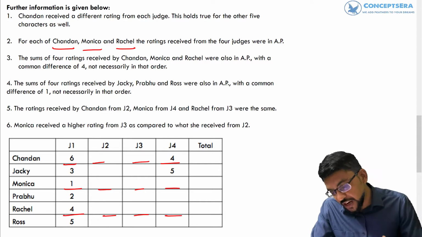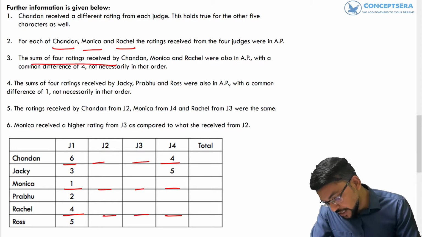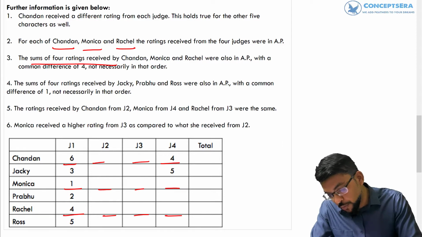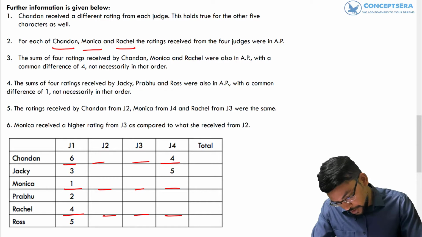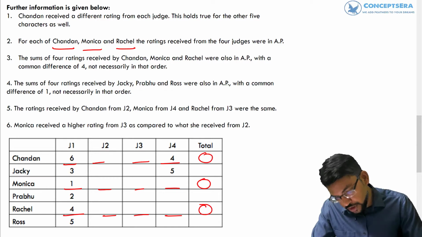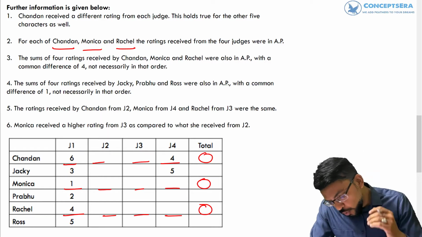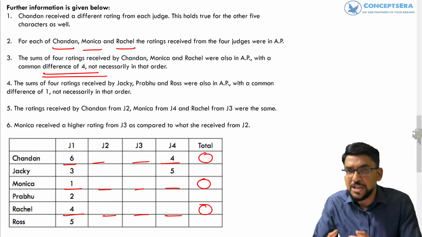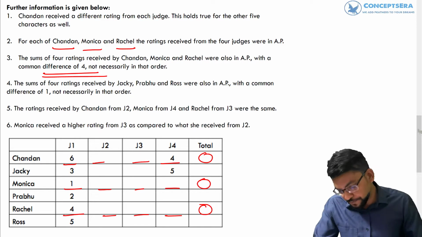And information 3, they are saying the sum of 4 ratings received by Chandan, Monica, Rachel were also in AP. That means this and this particular sum will also be in AP, with a common difference of 4. That means these numbers are in gaps of 4 and 4.